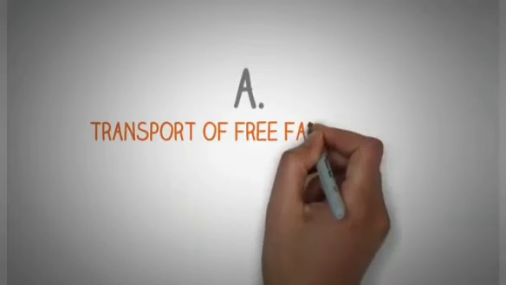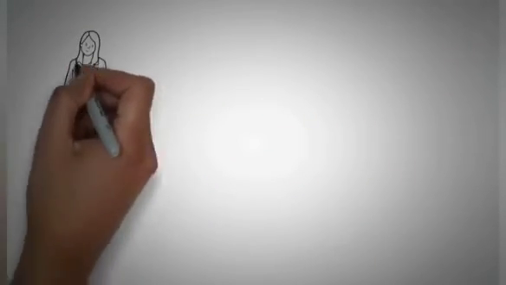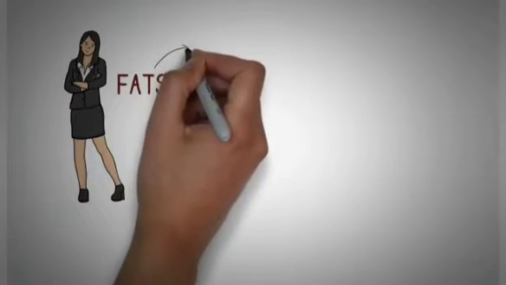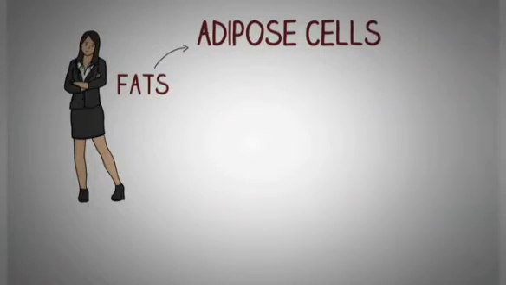So let's first talk about the transport of free fatty acids from adipose tissue to the target cells. Like we just discussed, the human body contains fats which have adipose cells in them. The fats are located in main areas like the abdomen, thighs, and arms.